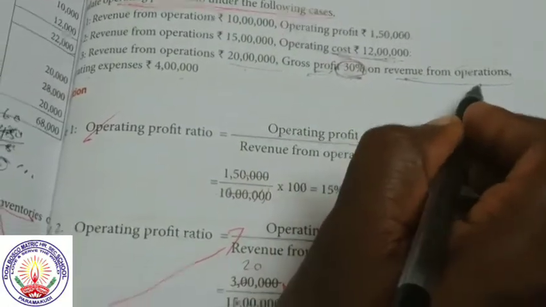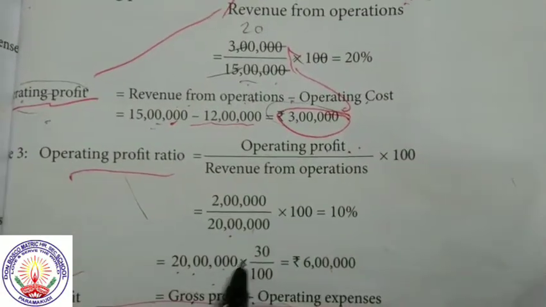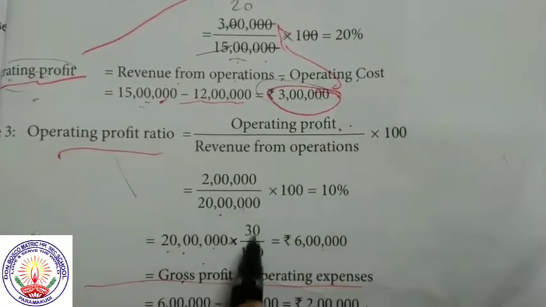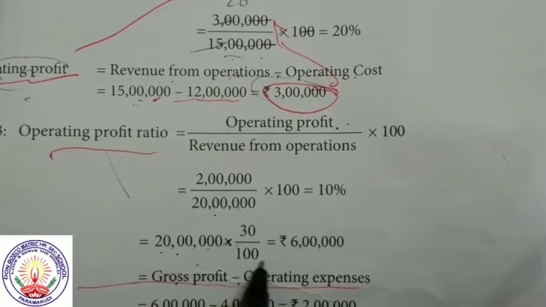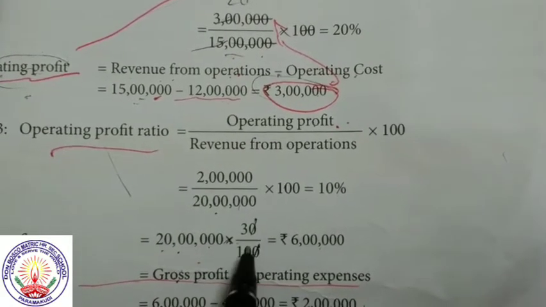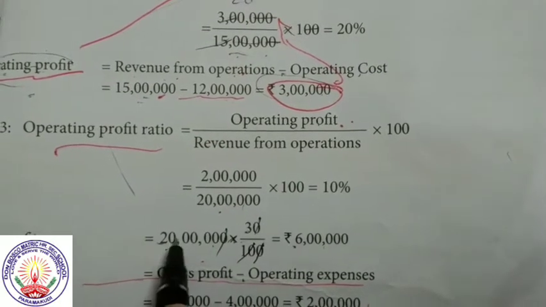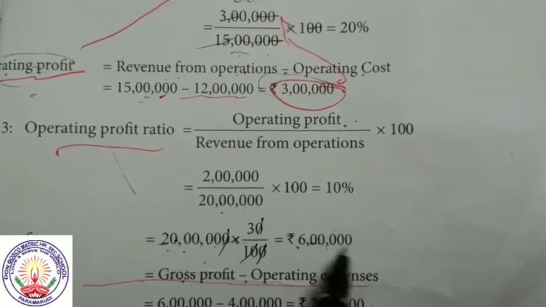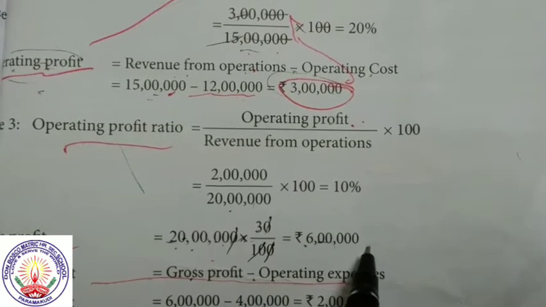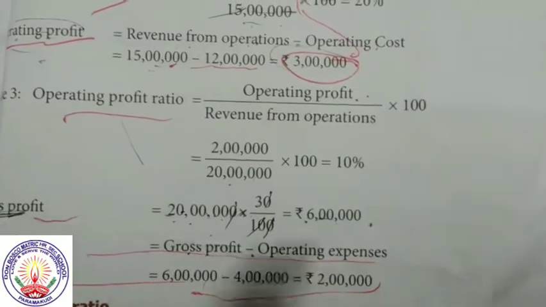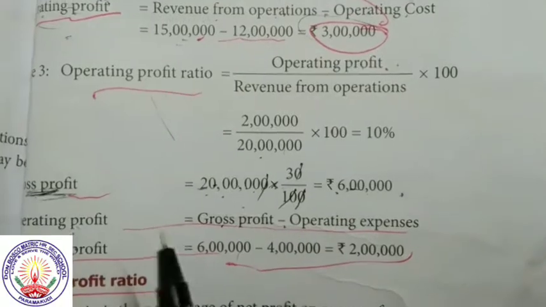Revenue from operation is 20 lakhs, and the percentage is 30%. 30 divided by 100 is the percentage. 20 lakhs into 30 divided by 100 gives 6 lakhs for the gross profit.